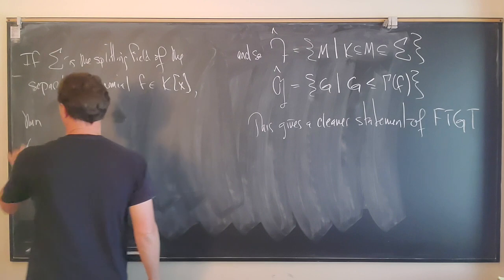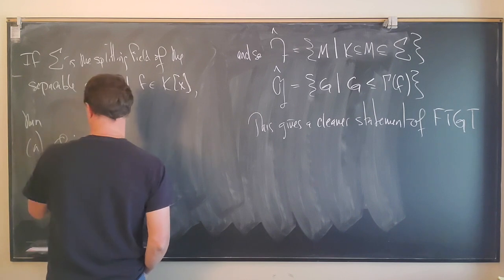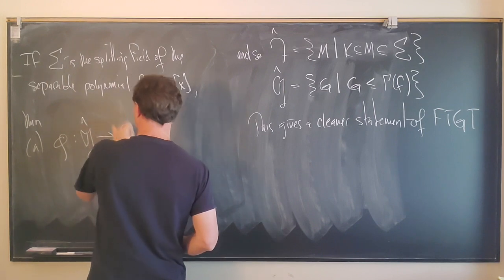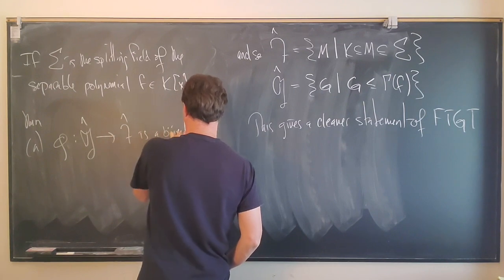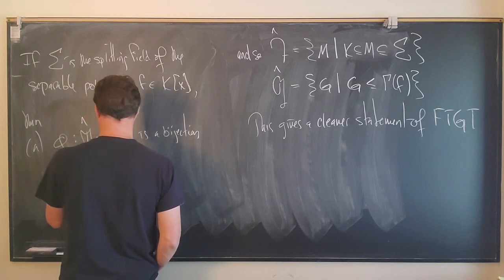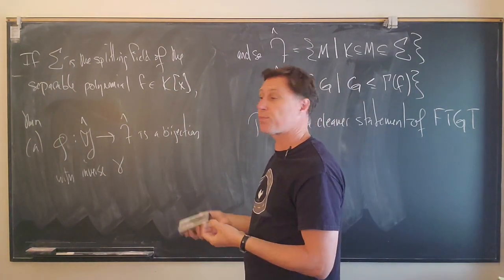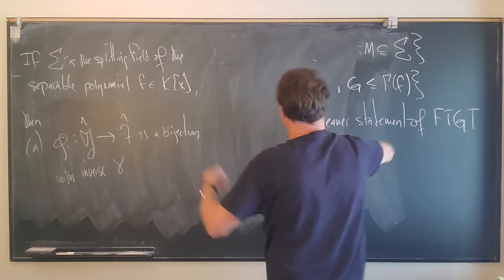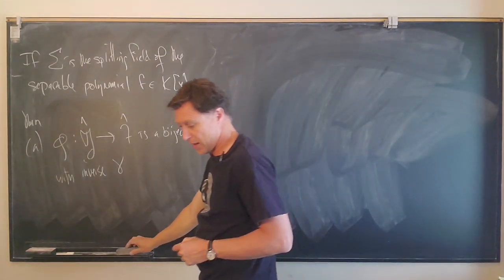So then we can state our 3 parts here. So part A, phi from script g hat to script F hat is a bijection with inverse little gamma. So remember, there's nothing to prove here. This is just rewriting it in the notation, in the case that we have a Galois extension. So there's part A.